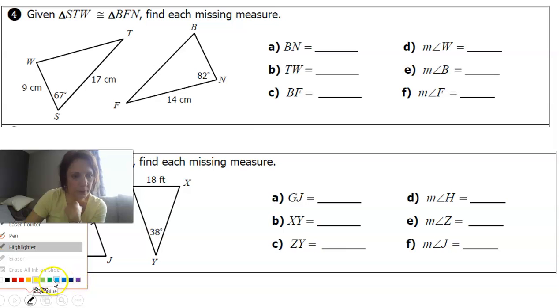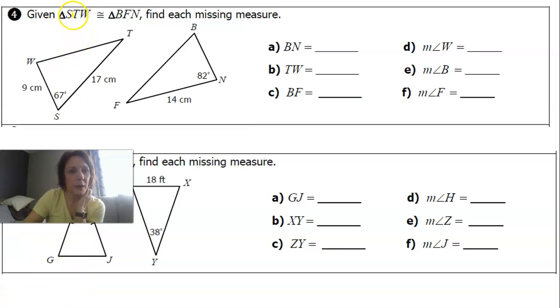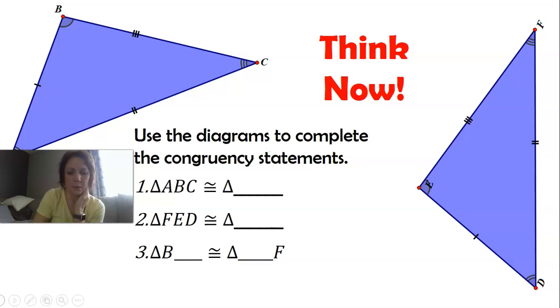Okay, so first things first, my highlighter. Notice here in my congruency, S and B we know have to match. So over here, angle S has to line up with angle B. Oh boy, here we go with my computer again.